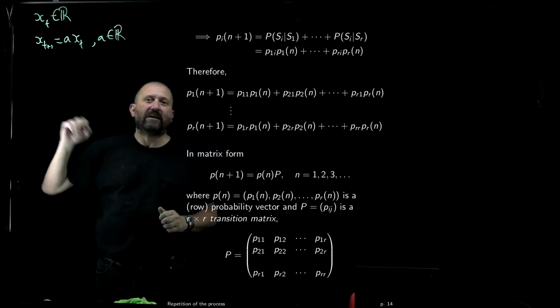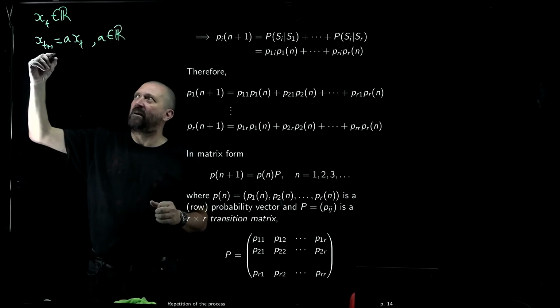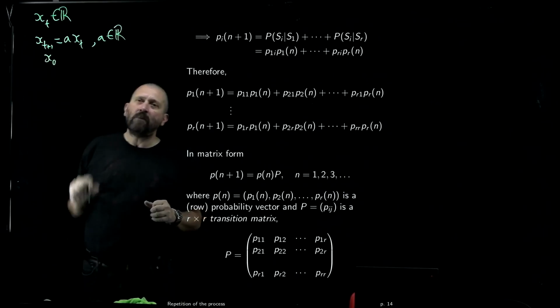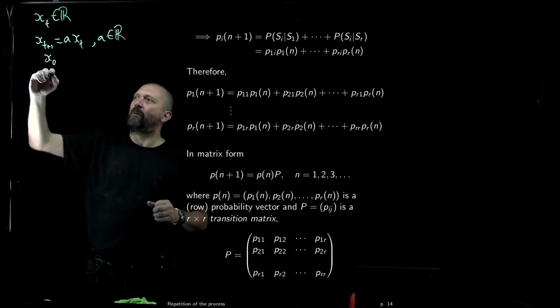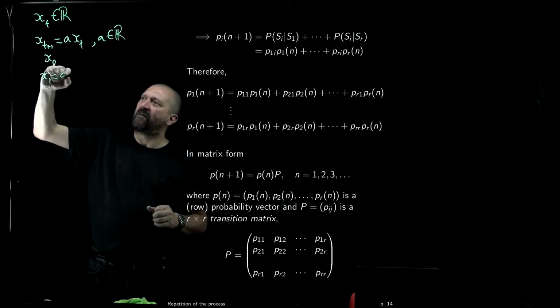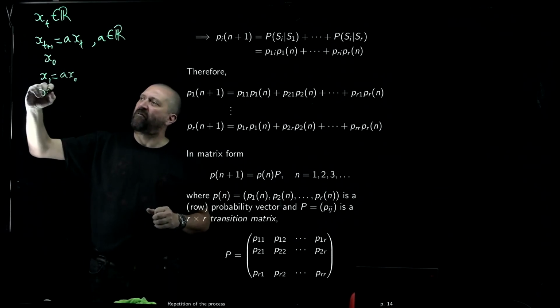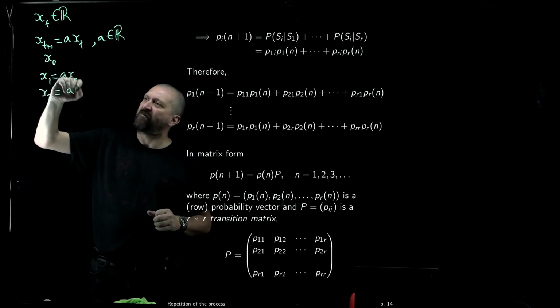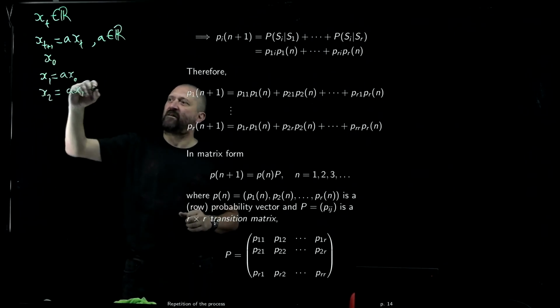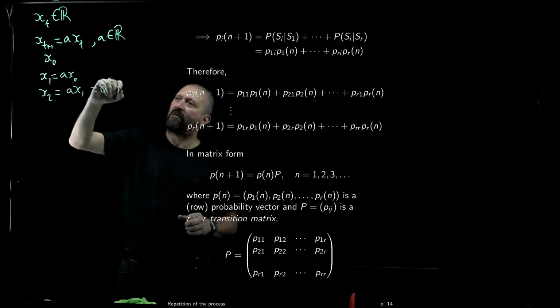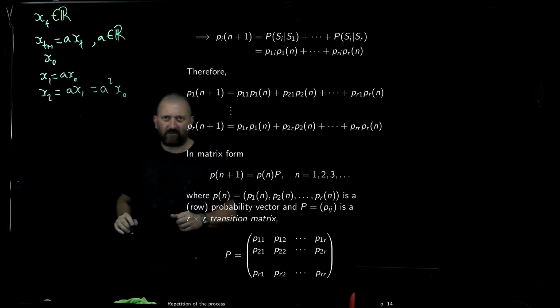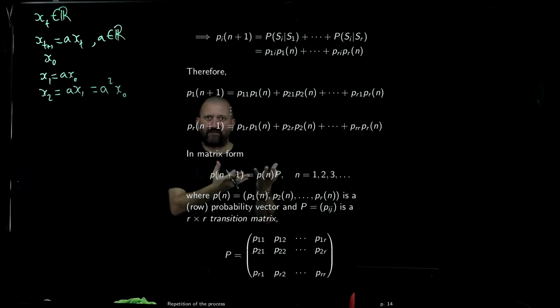And you initiated this sequence with some value x0, and then got from this that x1 was a times x0, x2 was a times x1, but x1 is a times x0, so that was a squared times x0, and so on and so forth. Well, this is the same thing.